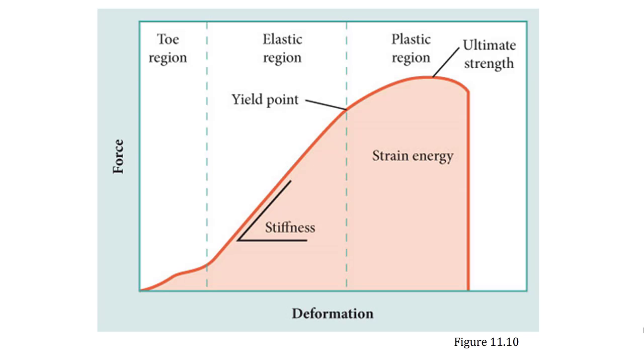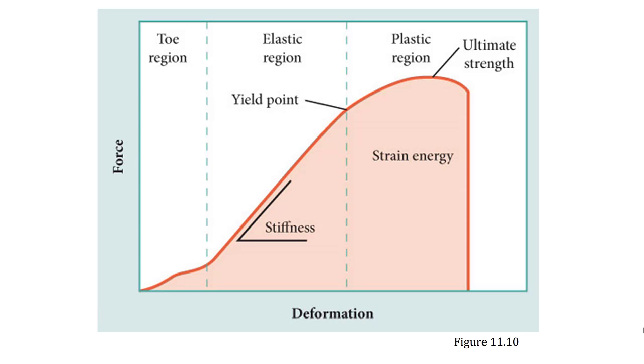Beyond the yield point, we get into the plastic region. In the plastic region, we are going to see that the material is going to start to break apart. And the material will break apart slowly and break apart until finally, at the far end of the curve, the force drops to zero because that material is no longer in one cohesive piece.